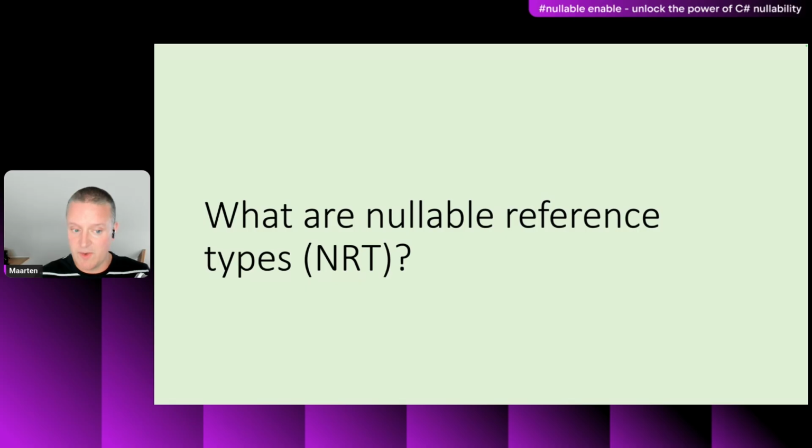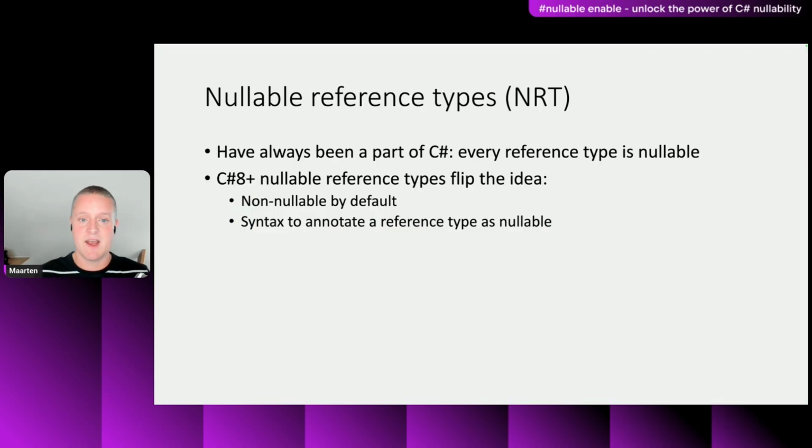Well, with nullable reference types in C#, you can make that possible or a little bit more clear to anyone consuming your code, including yourself. Now, if you think of nullable reference types, the fact that they are nullable, those reference types, is actually something that has been a part of C# all along. Every reference type in the code base is nullable.